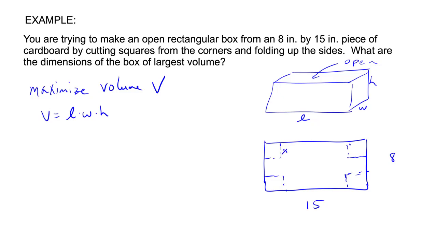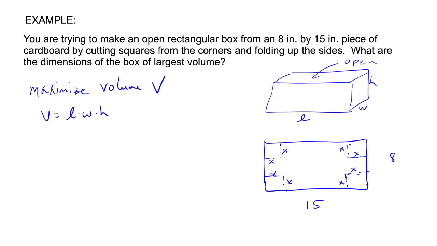So let's say they're x, they're all x by x. They have to be the same. Okay, so when you bring up those flaps, then you'll make an open box. All right, so what I want to do here then is I want to figure out what are the dimensions of the box that would result when you do this.